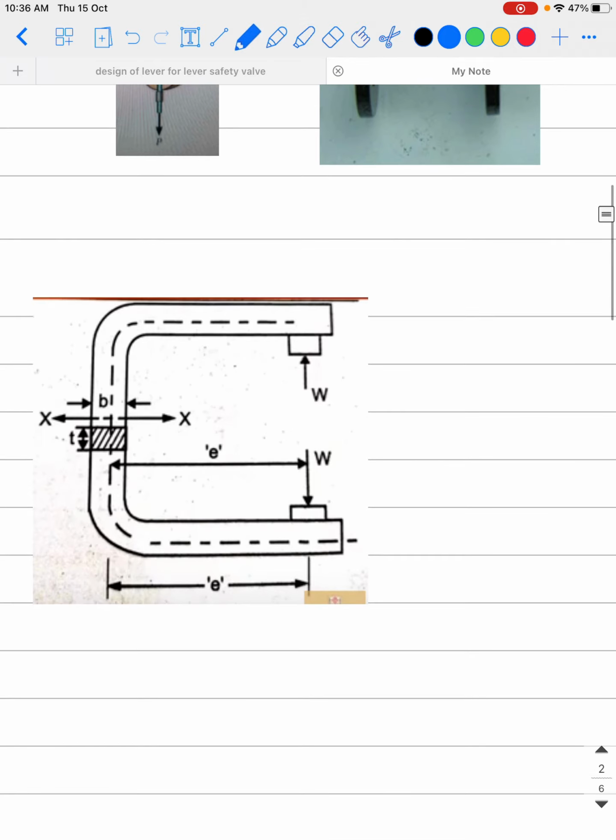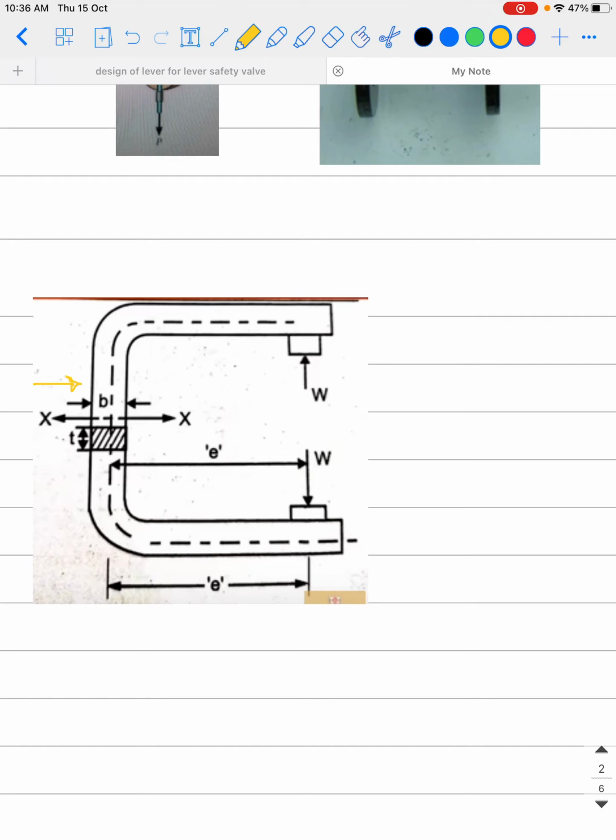If you look at the diagram, you can see this is a sketch of the C clamp, and here the main link is over here. We are considering that it has a rectangular cross section. It is not necessary that it always has a rectangular cross section.